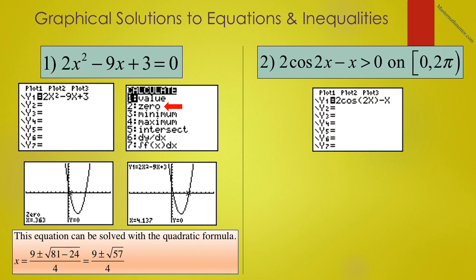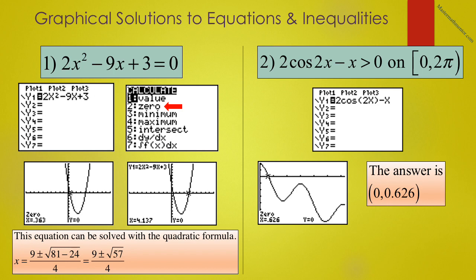In number 2, we would like to solve the inequality 2 cosine 2x minus x is greater than 0 on the interval 0 to 2 pi. So we graph y is equal to 2 cosine of 2x minus x on the interval 0 to 2 pi.